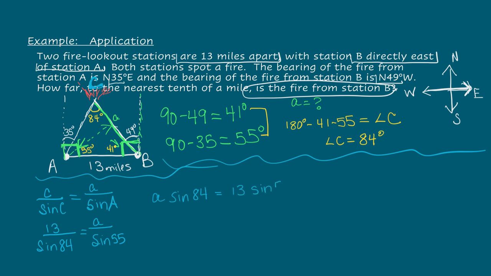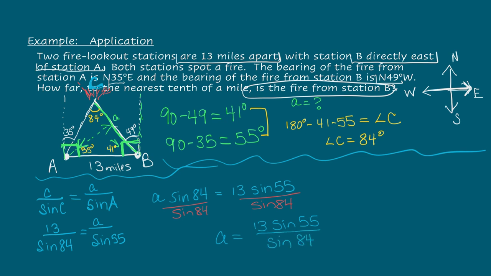sine 55. And of course I'm solving for A, so I'm going to divide both sides by sine 84. And I want to get A equals 13 sine 55 over sine 84.